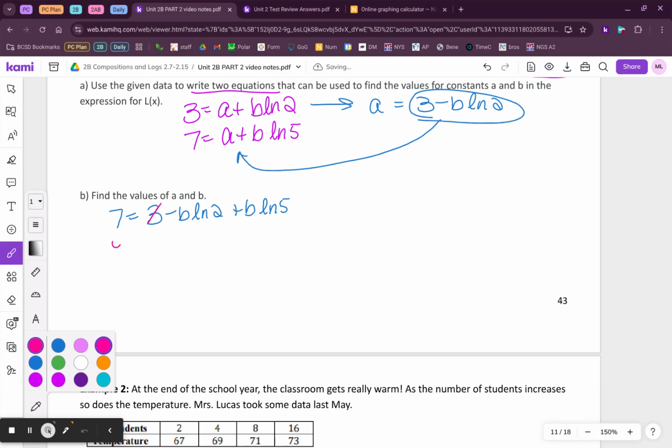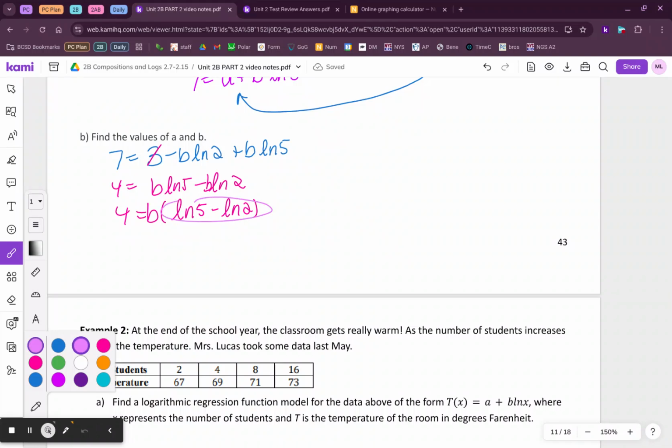Well, I'm going to move the 3 over. I'm just going to put the order backwards so that subtraction's in the middle here. So 4 equals b ln of 5 minus b ln of 2. I can factor out b so that it is by itself.